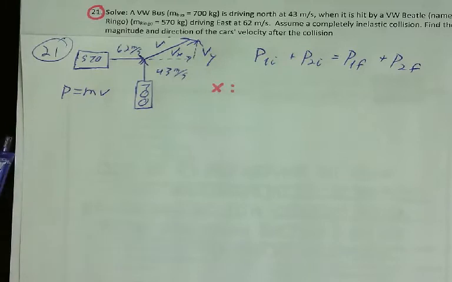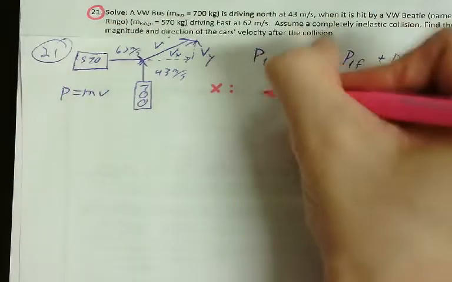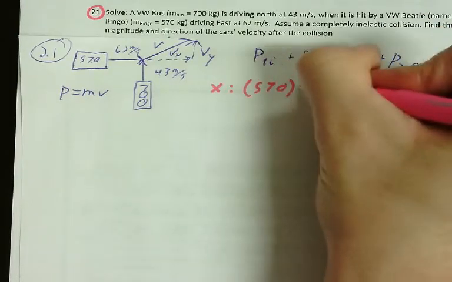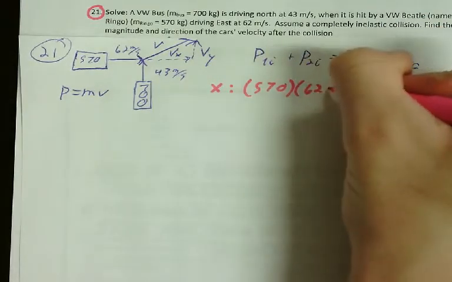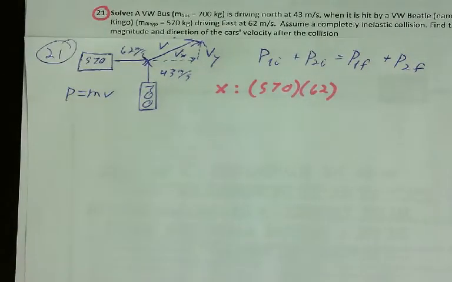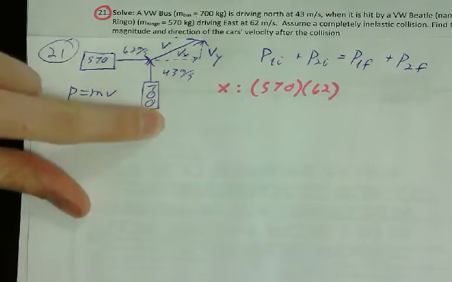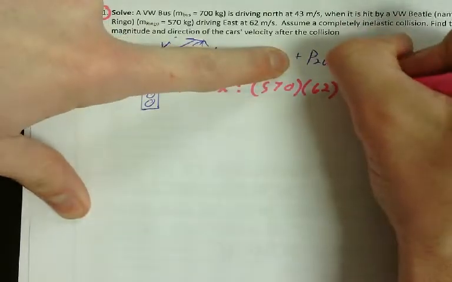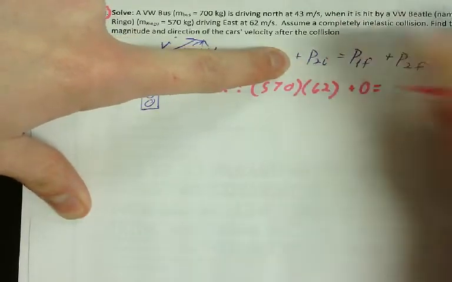So mass times velocity, 570 times 62. Now I look at object 2, the bus. All right, is that in the x direction? No, that one's up and down. So the x momentum initial of object 2 is 0. There is no x momentum of object 2.